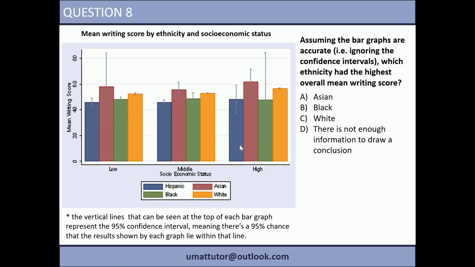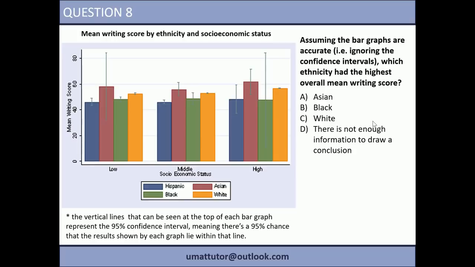There's three different ways they're represented. And we're being asked for the highest overall score. So we're being asked, when you combine all these three groups together for any given ethnicity, which is the highest overall score? Now the challenge there is that we don't know the raw number of people making up each of the bar graphs. We don't know if it's an even spread or if one of the particular bar graphs has a disproportionate number of people in it.